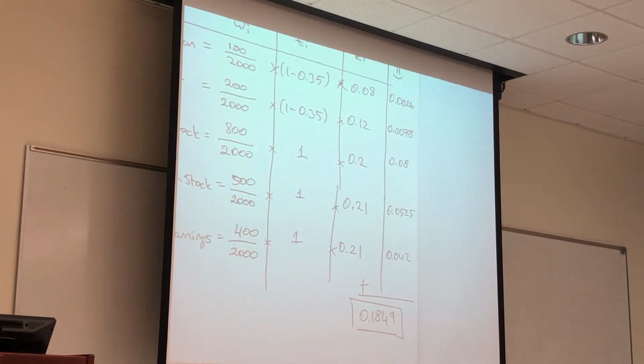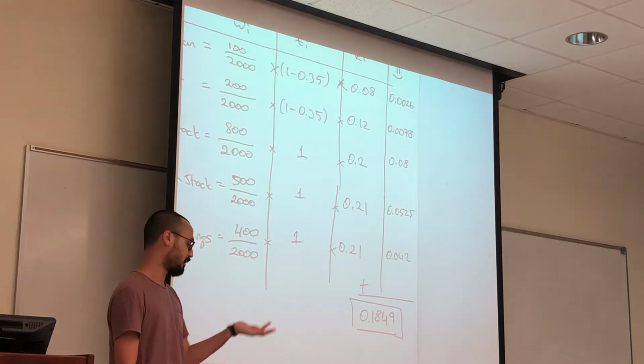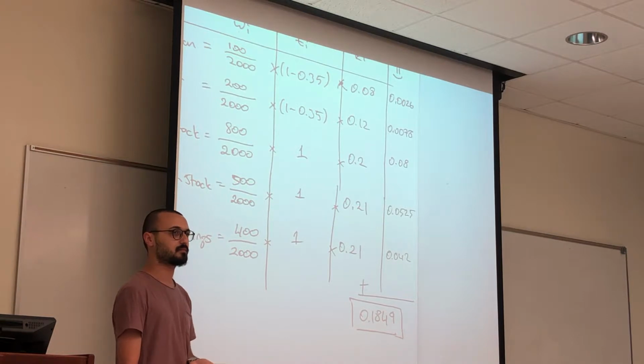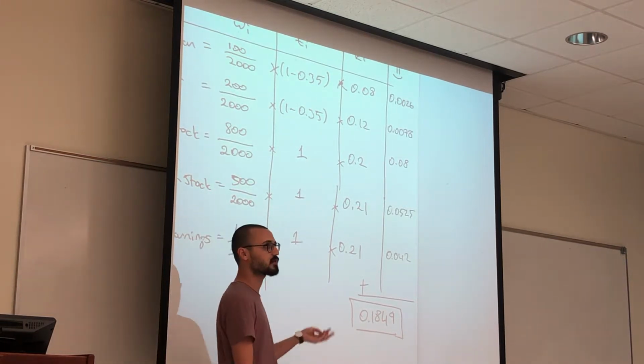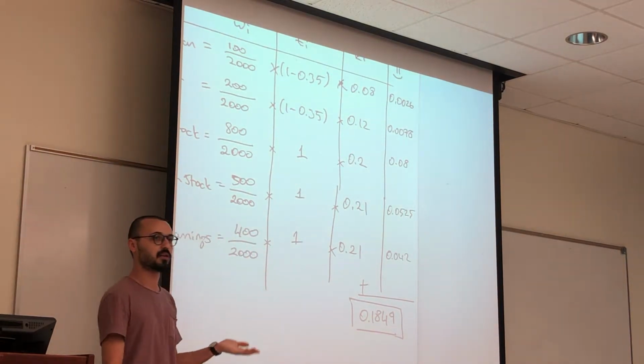Okay, this is the result that we got from summing up all the smiley faces, right? So what does this mean? Why did we go through all this for the last 10 minutes? This is our weighted average cost of capital. Do you all remember what MARR was?